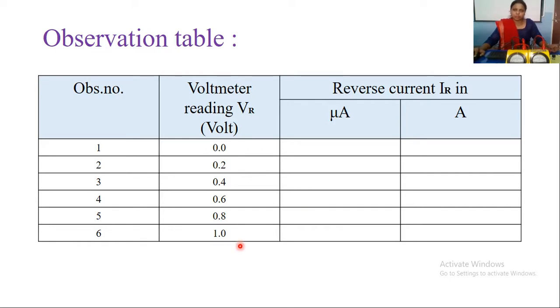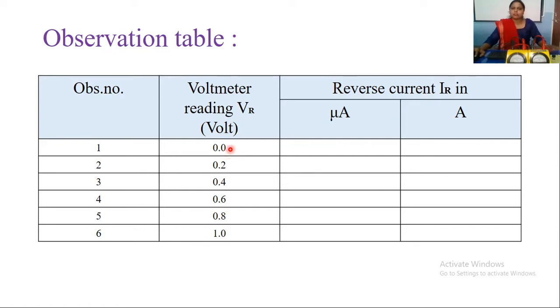Okay, we will provide you some readings. In that you will come to know that as the voltage increases, the current also increases. Now one important point is here. See, this reading I am giving you only for understanding purpose. 6 readings are there. But in this experiment you have to note down 10 to 12 readings. So this is the reading.